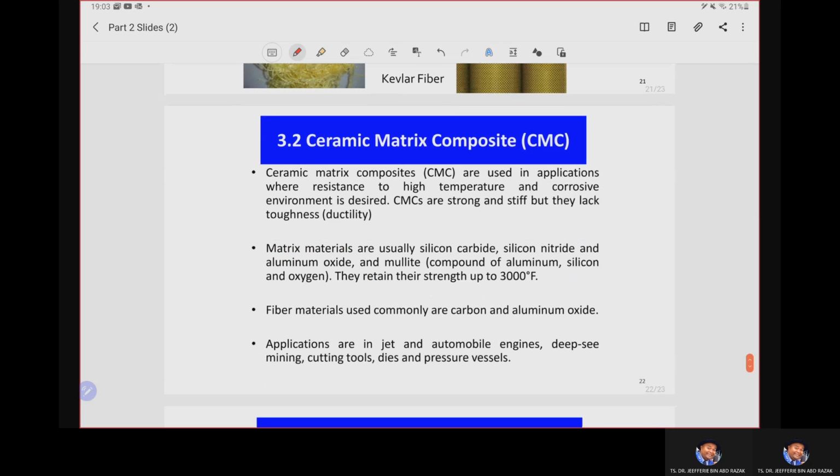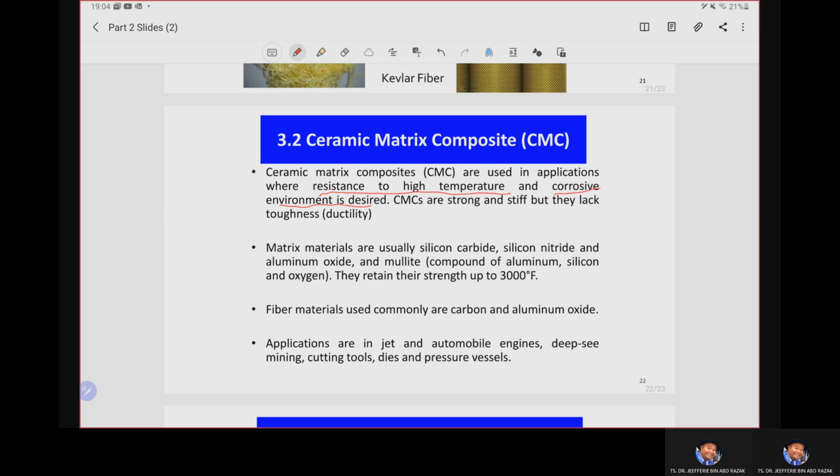For these next two slides, you will be briefly exposed to another two types of composite classification based on its matrix. We will have the ceramic matrix composite, CMC, and the MMC, metal matrix composite. CMC is especially used for applications that require high temperature resistance, where resistance to high temperature is required and a highly corrosive environment is desired.